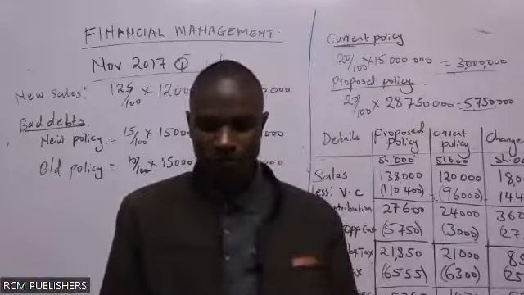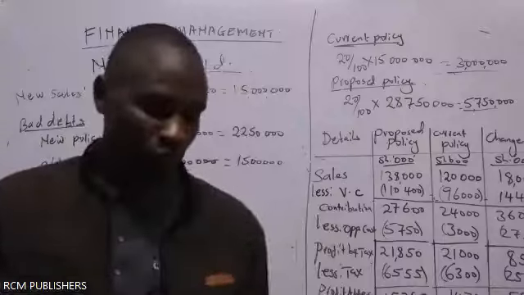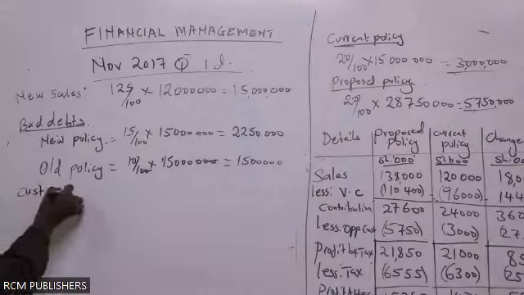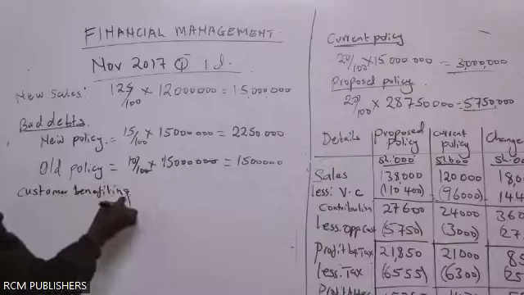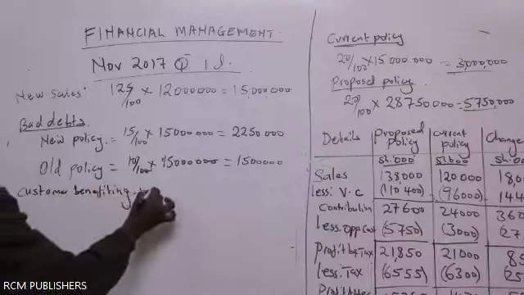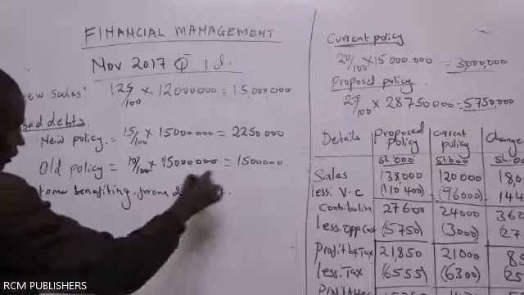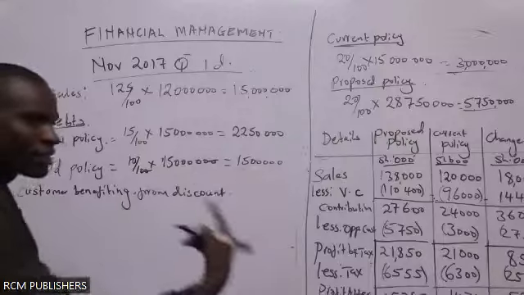Therefore, let's check. Customers who will benefit from a discount in a change from net 30 to 3/10 net 60.